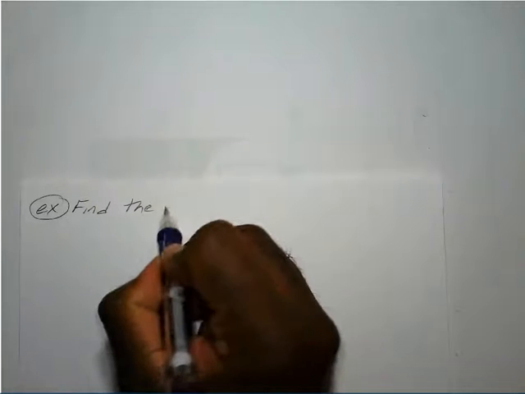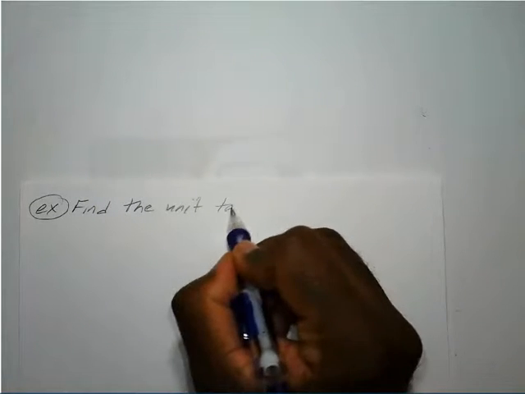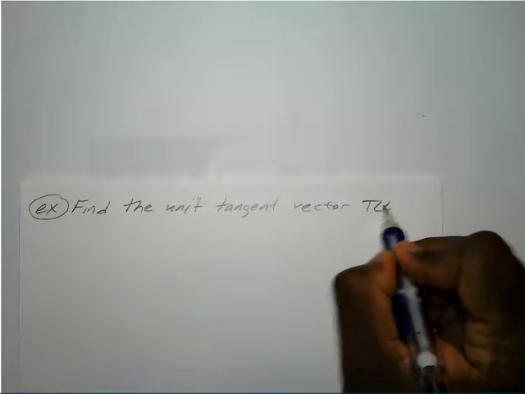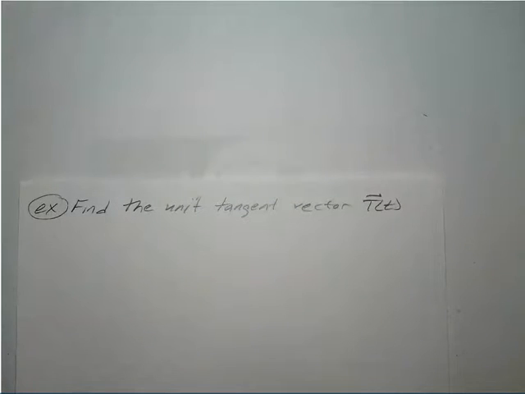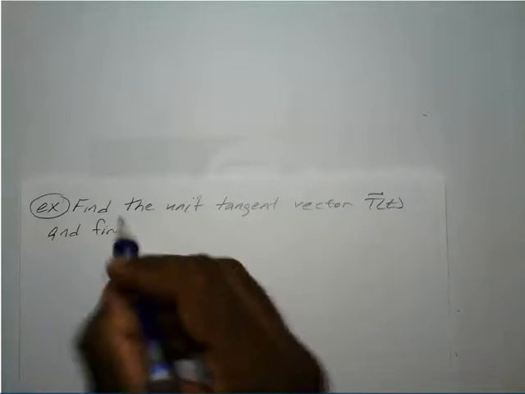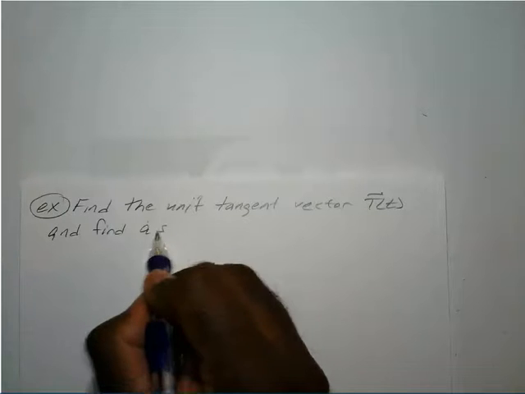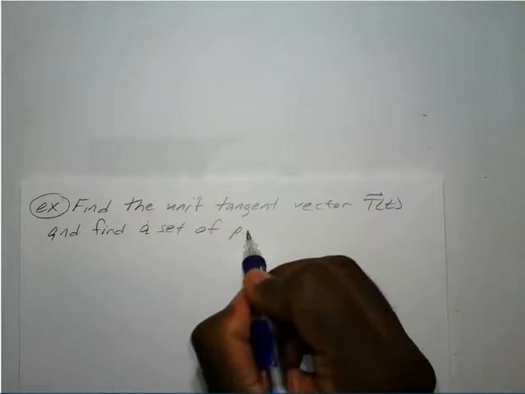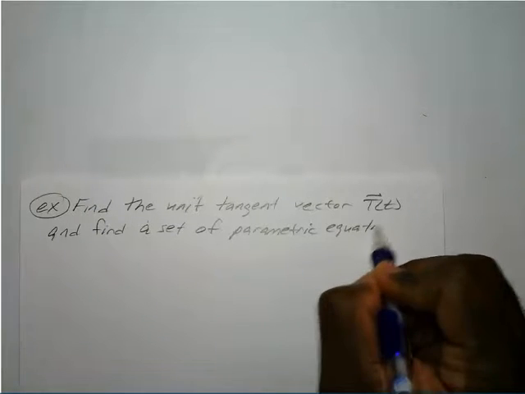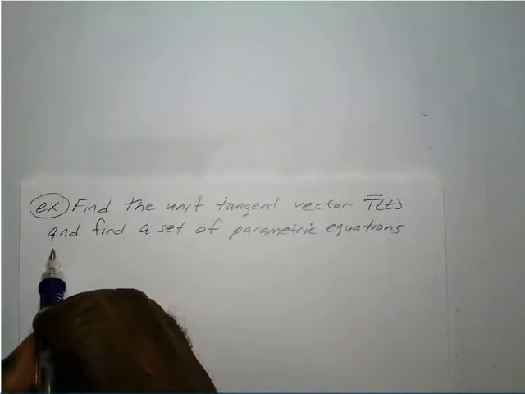Alright, so for this example, we have to find the unit tangent vector and we also want to find a set of parametric equations for the line tangent to the space curve.